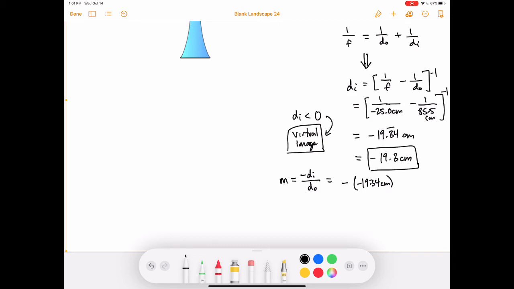That's di. And then do is 85.5 centimeters. This comes out to positive 0.2261, or to 3 sig figs, positive 0.226. Because m is positive, this means we have an upright image.